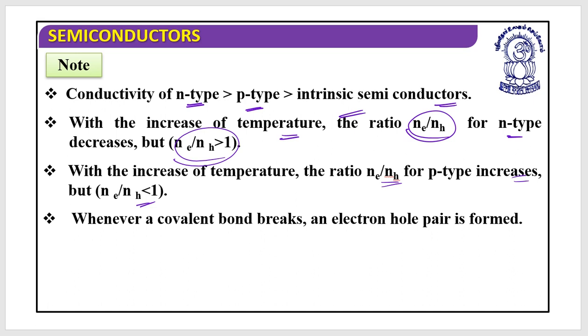So whenever a covalent bond breaks, an electron hole pair is formed. When we used to have intrinsic semiconductors, they are the ones which do not conduct at all.